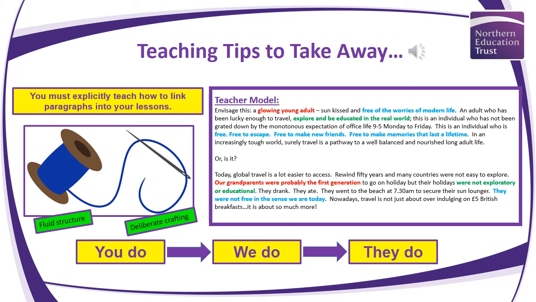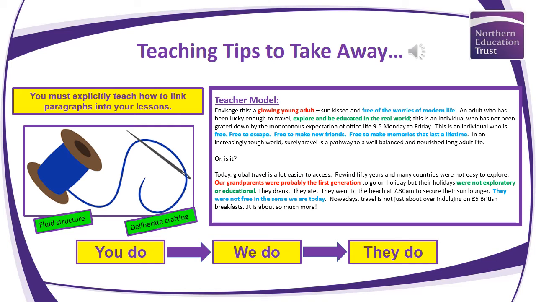The ideas are fluent. And finally, the green text in the first paragraph. This idea of this triplet, an adult who has been lucky enough to travel, explore and be educated in the real world. Again, in the third paragraph, I've linked back to that. But their holidays were not exploratory or educational.